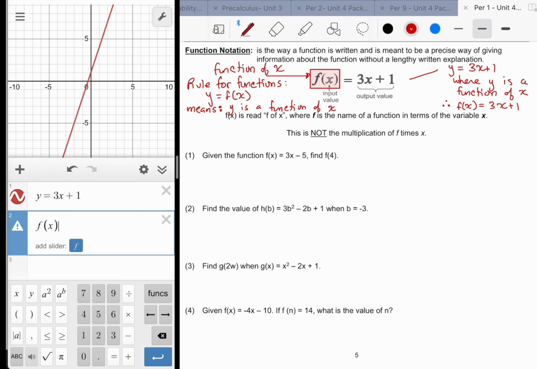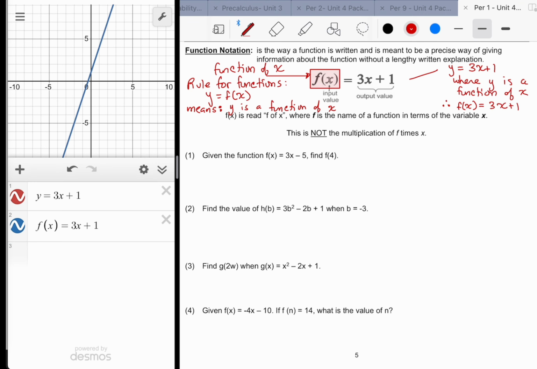So f parentheses x equals 3x plus 1. You'll notice how the graphs are exactly the same. And that's because y and f of x are thought of as the same thing. All right? The only difference is we're making the statement that y is a function of x.